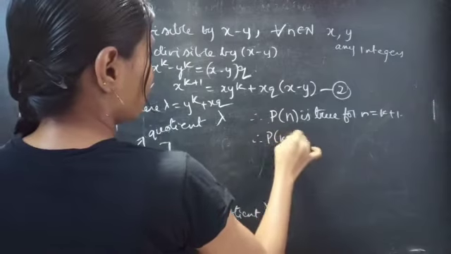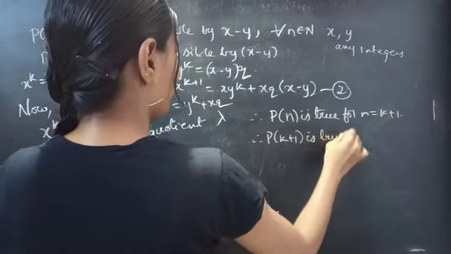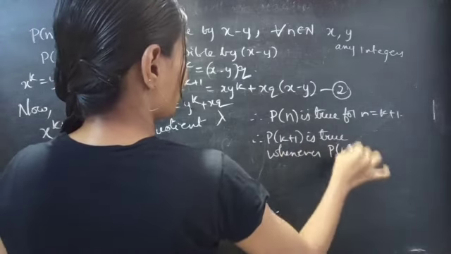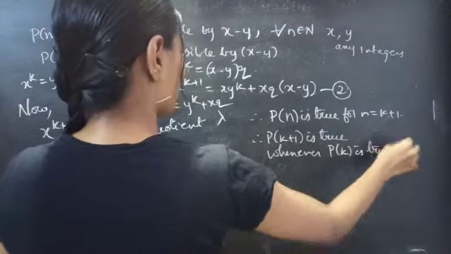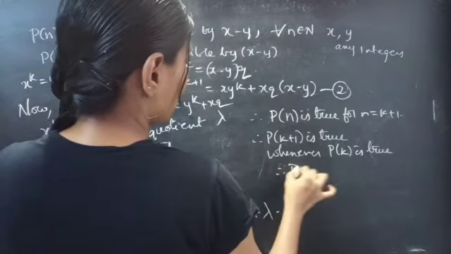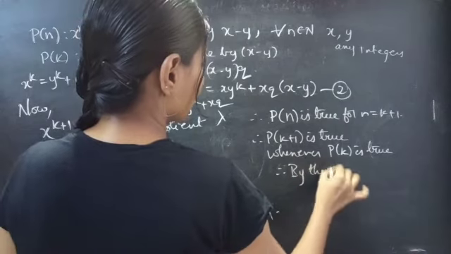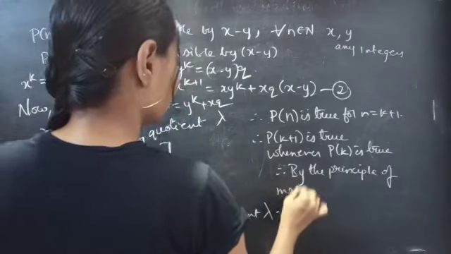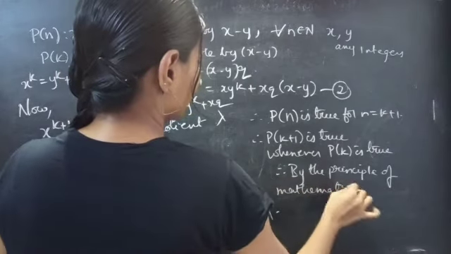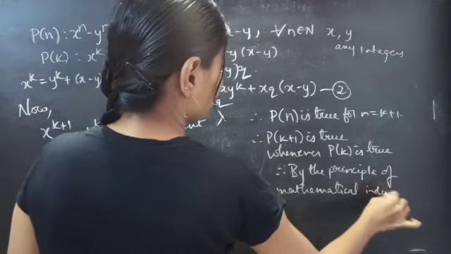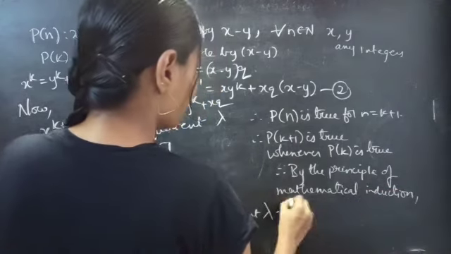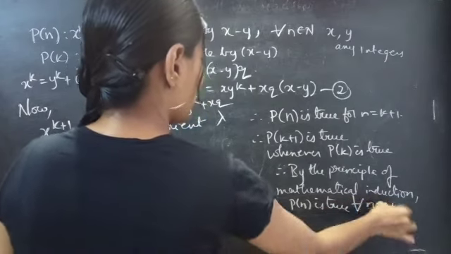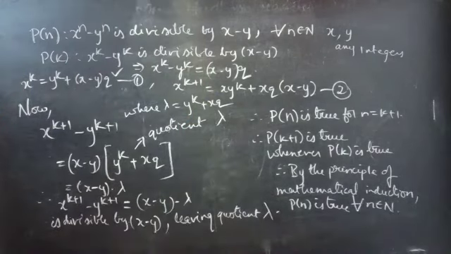Therefore P of k plus 1 is true whenever P of k is true. Right? From this we can say that by the principle of mathematical induction, P of n is true for all n belonging to natural numbers.